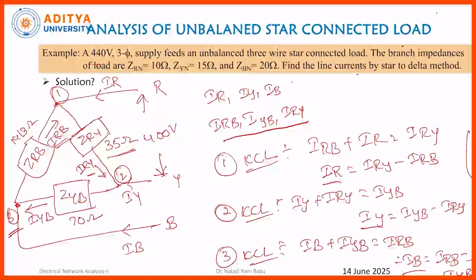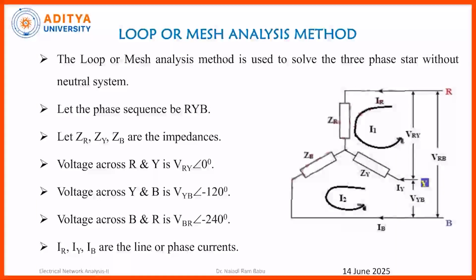Now, I am moving on to the next method, that is loop or mesh analysis. This method is also very similar and very easy. In the loop analysis method, you are simply applying KVLs. See this circuit diagram. This is R phase, Y phase and B phase.